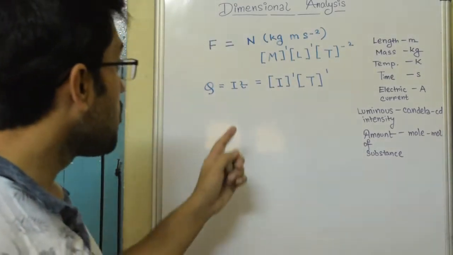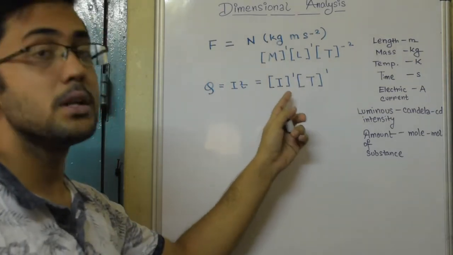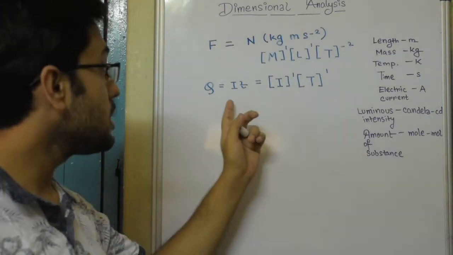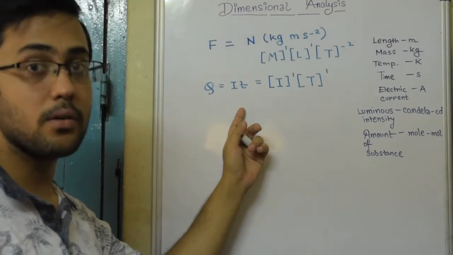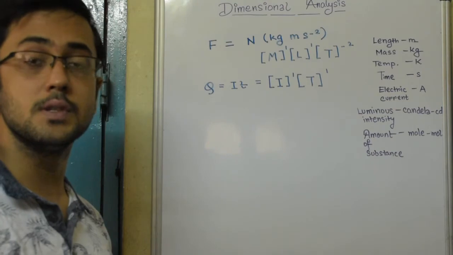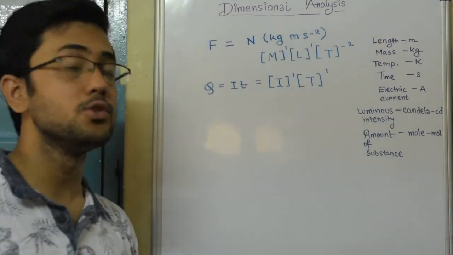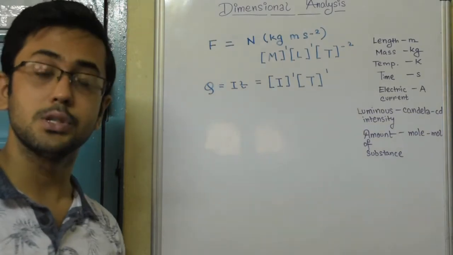So you see, once again, when we are writing this, we are taking the dimensional formula only. You can express your time in seconds or minutes, you can express it in hours, but still the formula remains the same. So this is basically the basic framework that comes into play when we are dealing with the dimensional formulas.